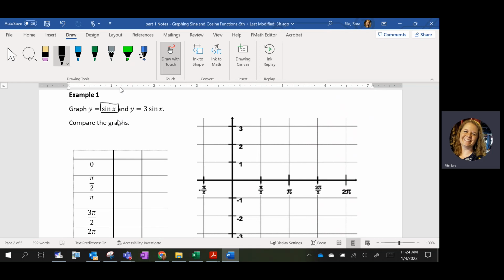When you're doing your practice starting out, it might be a good idea to put the parent function there, really light in pencil, and then darker, do your actual graph so you can see the comparison. Or if you have 2 colors, do it in 2 colors. But when we test or take a quiz, you're not going to have to graph the parent function with the new function. That's just something we're doing as we learn it.